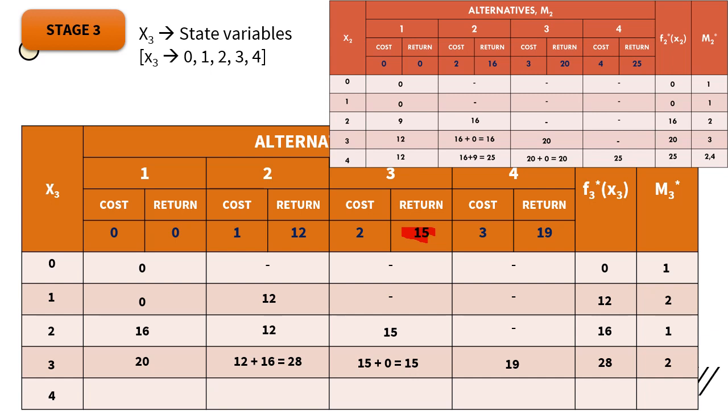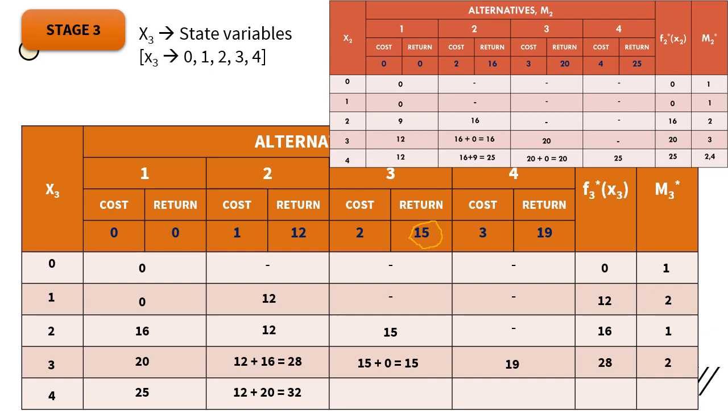Next, we will go for 4 crores. For 4 crores, if I spend in the previous table, I will get 25. If I spend 1 crore here, I will get a return of 12. Remaining 3 crores, I will get a return of 20. So 12 plus 20 will get 32. Next, if I spend 2 crores, I will get a return of 15.